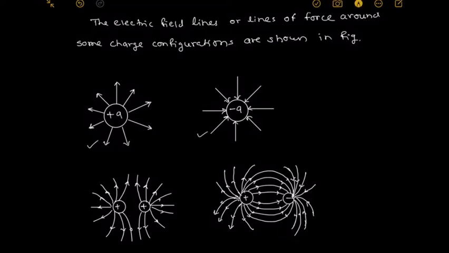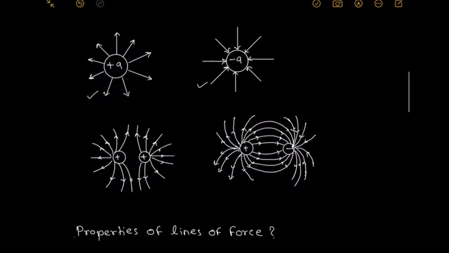In the third case, if we consider two like charges, whether positive positive or negative negative, the field lines around that system indicate the mutual repulsion between them.